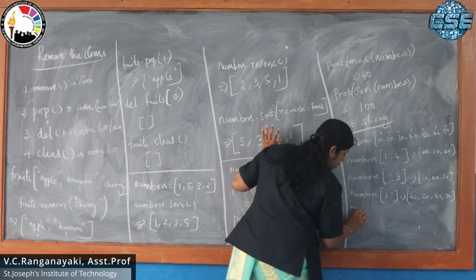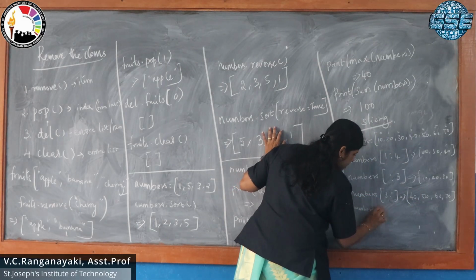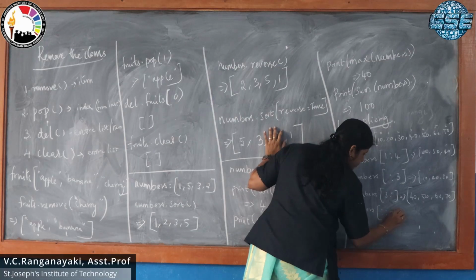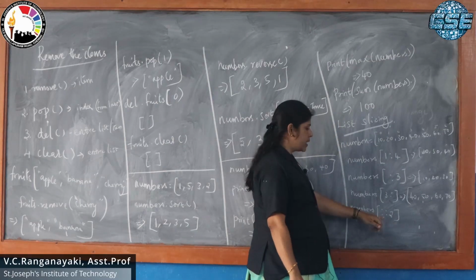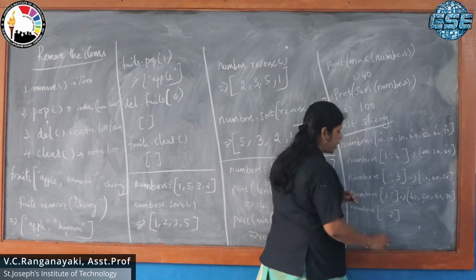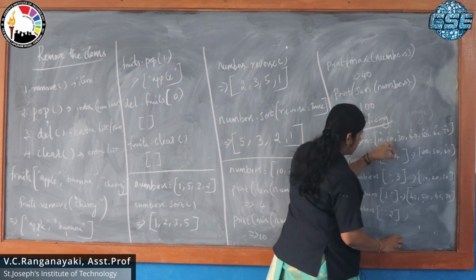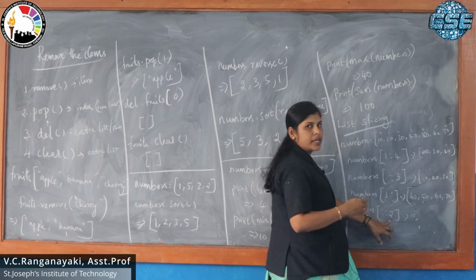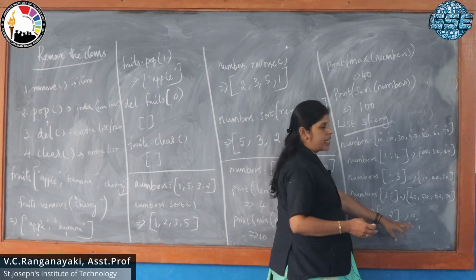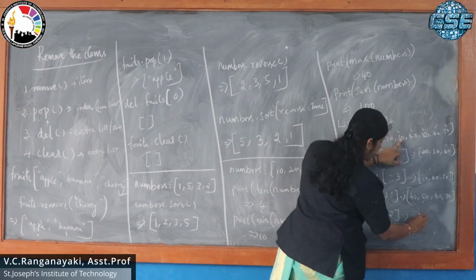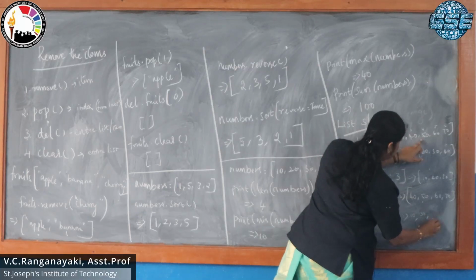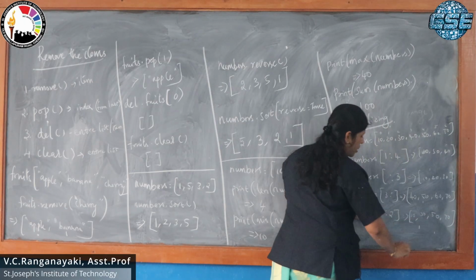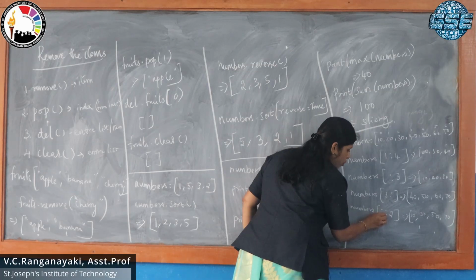If I give numbers[::2], the second number will repeat, the second-place index will be printed. 10, 30, 50, 70. This will be your output if I give a double colon.